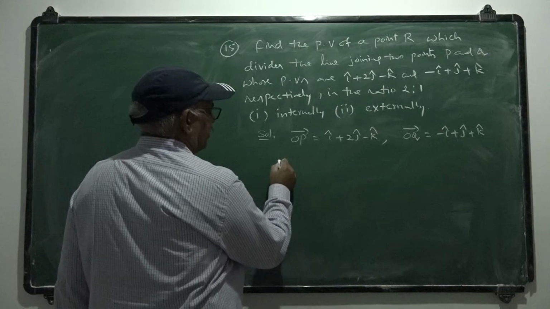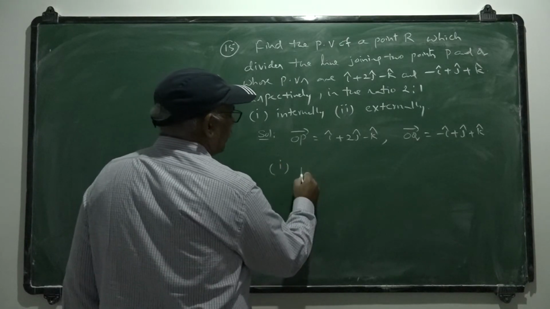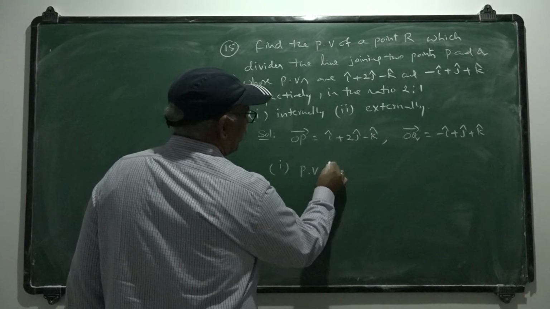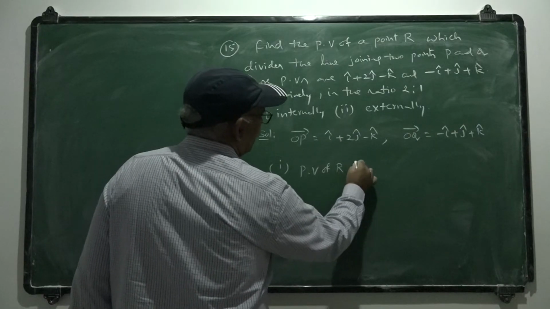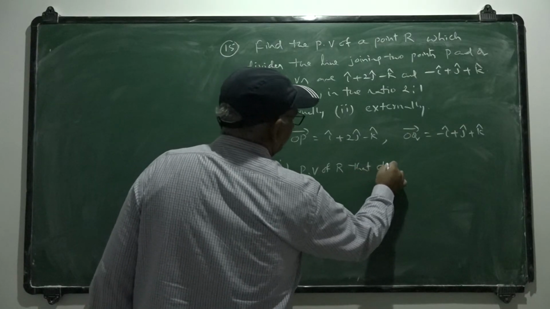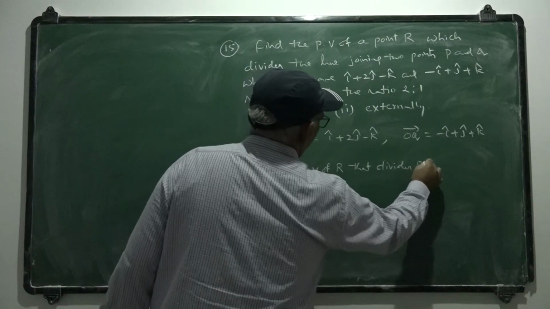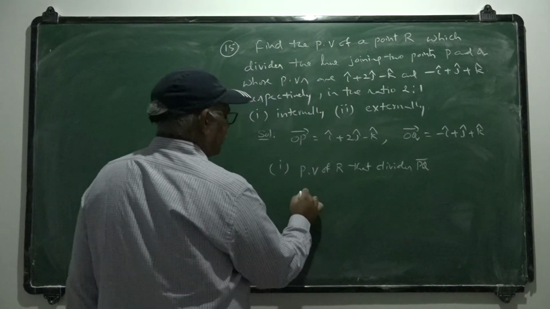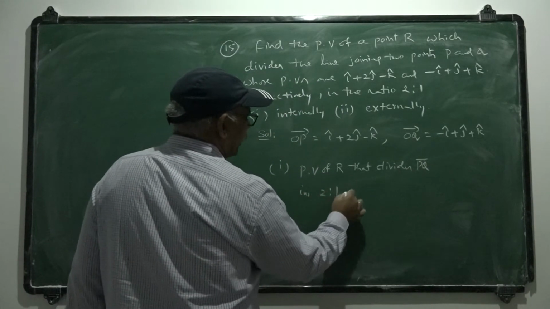Now, first case: the position vector of R that divides the line segment PQ in 2:1 internally.